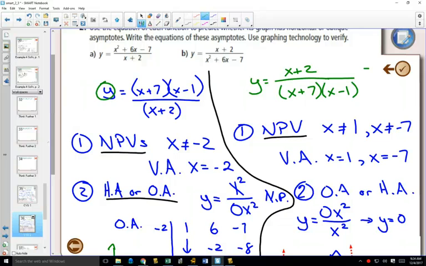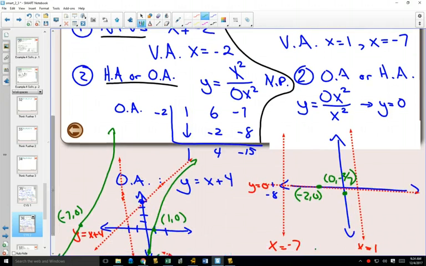Well, on the top here, I would get -6. And on the bottom, I would get -1 times -9. Can you see that that would simplify to -6 over 9, which is -2/3. So I have this point, (-8, -2/3).